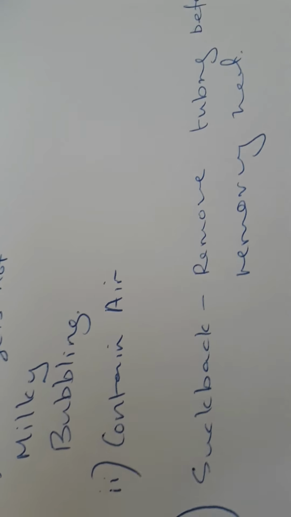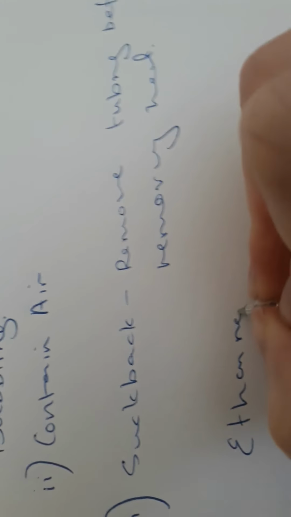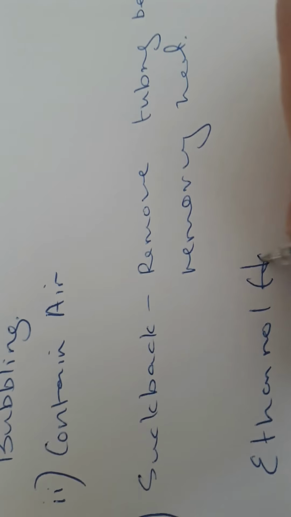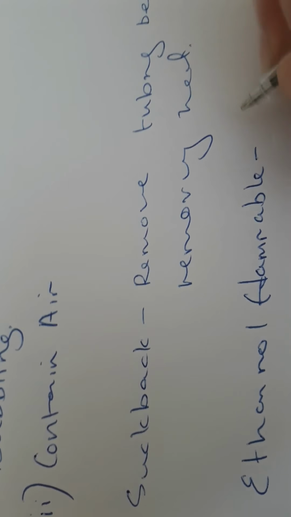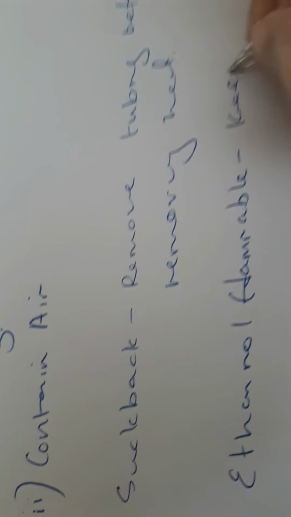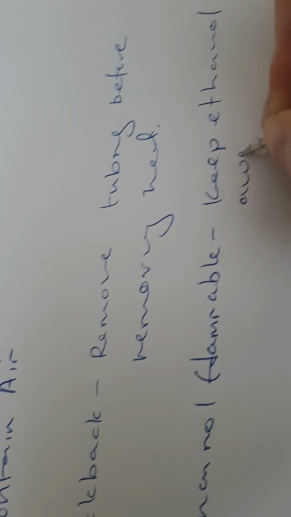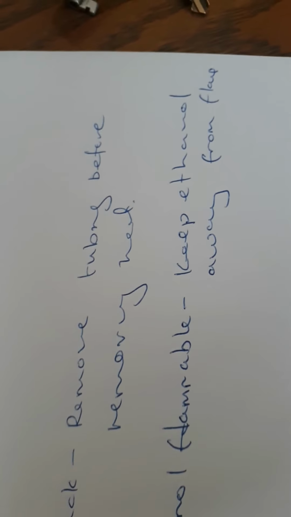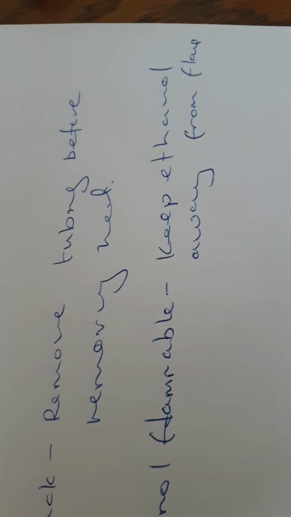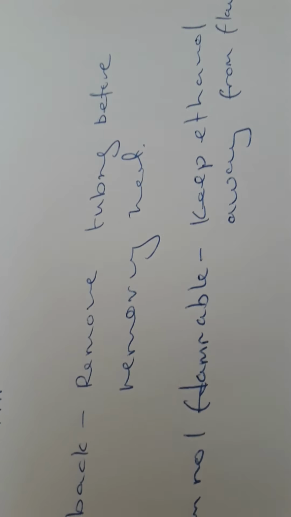The second one then is ethanol is flammable. Because ethanol is flammable, you'd obviously have to keep the ethanol away from the flame. So that's just a couple there. There are loads of examples in the marking scheme if you want to go look at those, but those two are plenty sufficient.